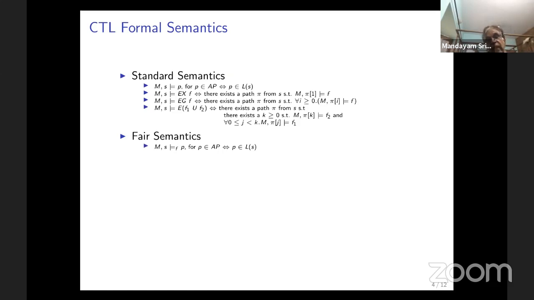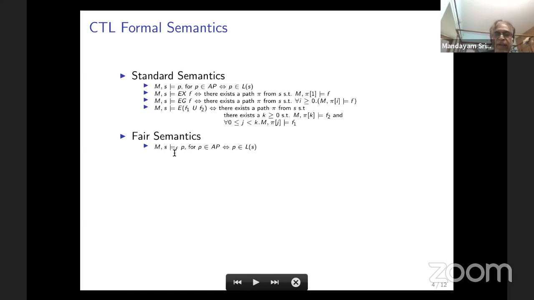Now, as you would see, these things are modified for fair satisfaction. The suffix F here defines what it means for a CTL formula to be satisfied under the fair semantics.